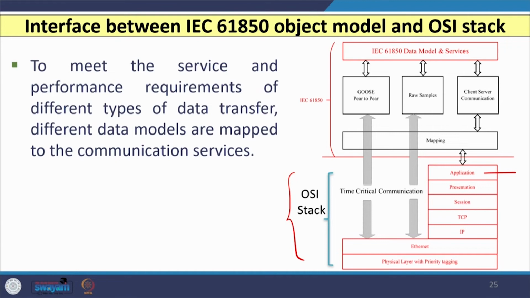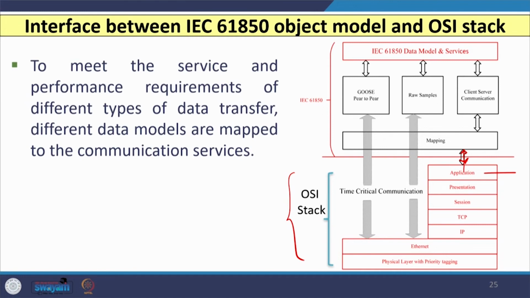To meet the service and performance requirements of different types of data transfer, several data models are mapped to the communication services. If you want to transfer data like metering data, then you transfer it through this application layer to the data models and services which come under IEC 61850.